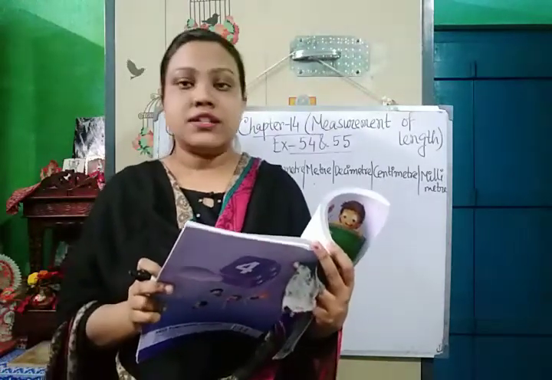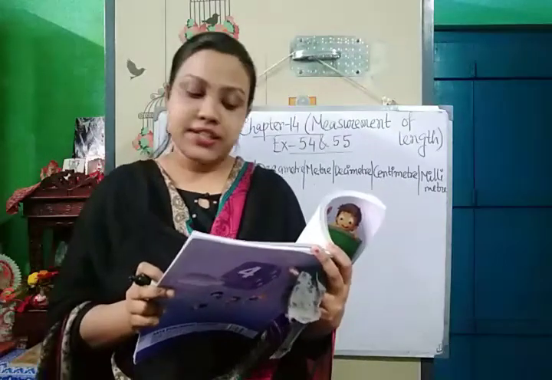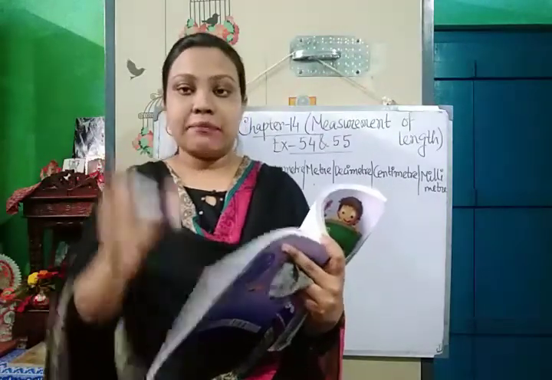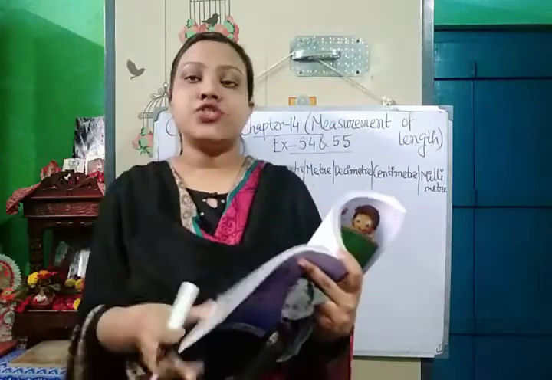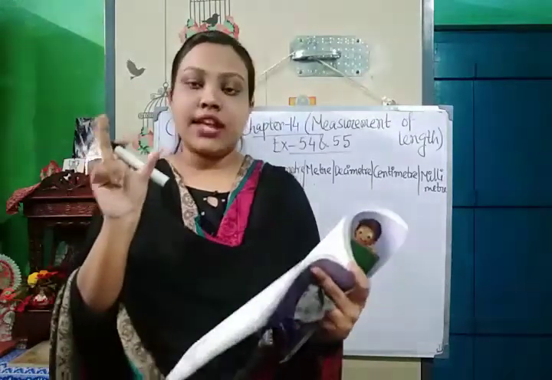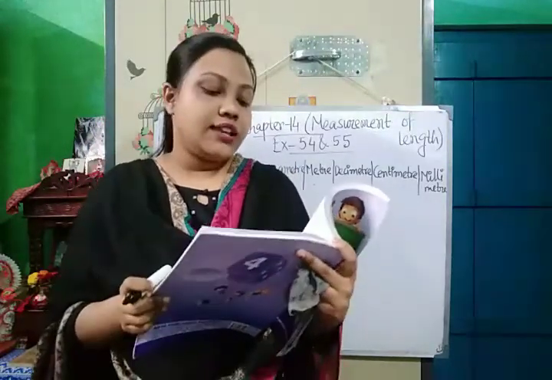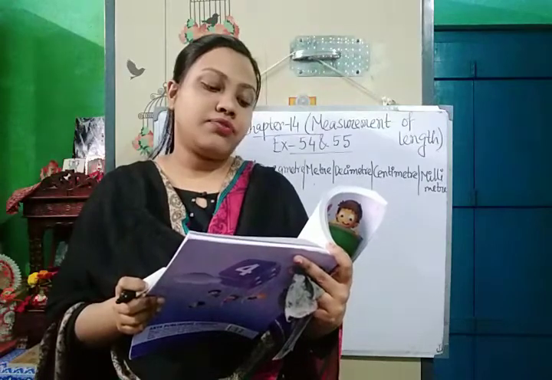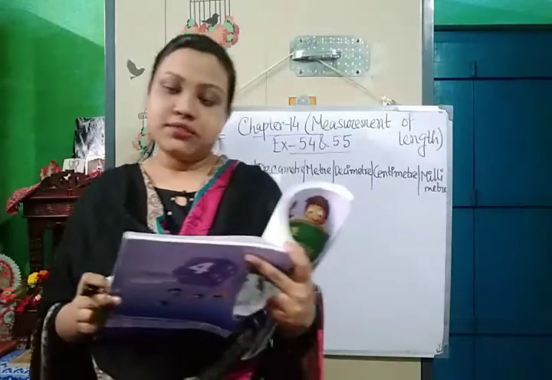It is also measured in meter. Then height of a building is measured in meter again. Length of a line segment is measured in centimeter. You will learn in geometry that the length of a line segment will be measured in centimeter. Okay. Next one is length of a crayon. Again it's measured in centimeter. Okay, so I hope this is clear.